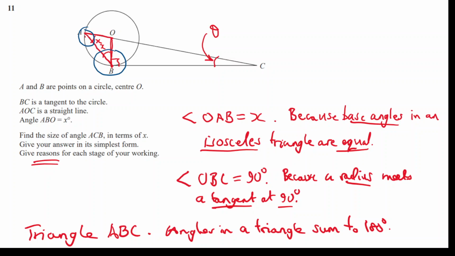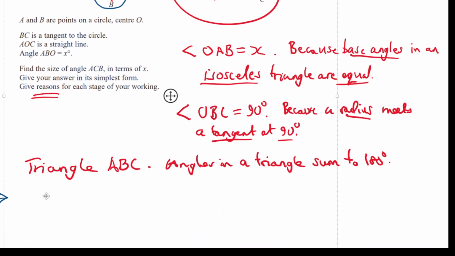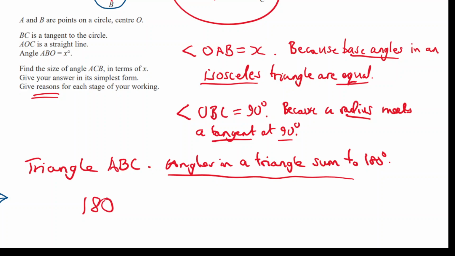The reason I've written that reason is that I now know that I've got a missing angle here. So the angles in a triangle sum to 180 degrees. Therefore, if I take 180 degrees and I subtract from that this angle x and this angle x plus 90.